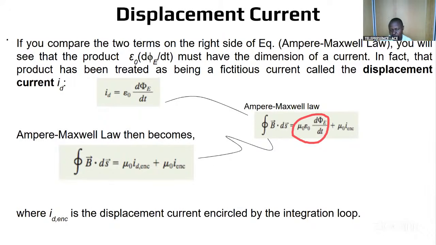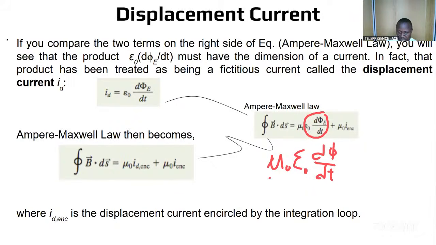This one has the current here, so we can replace this component with what we call the displacement current, I sub d.